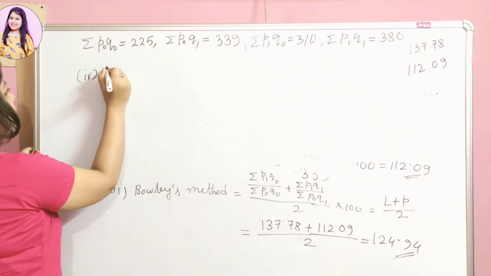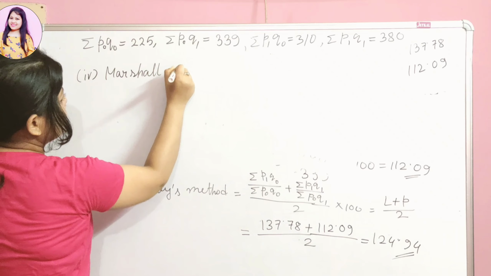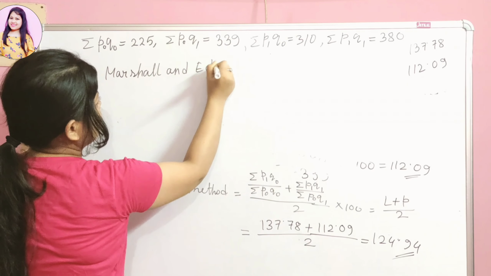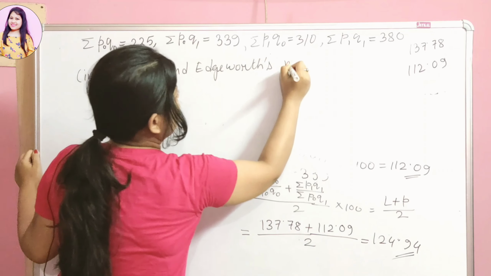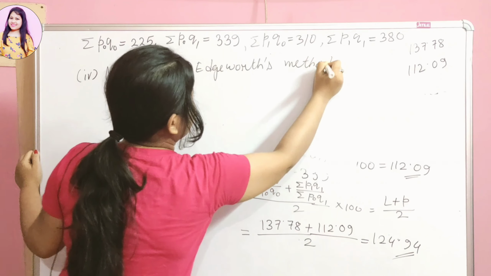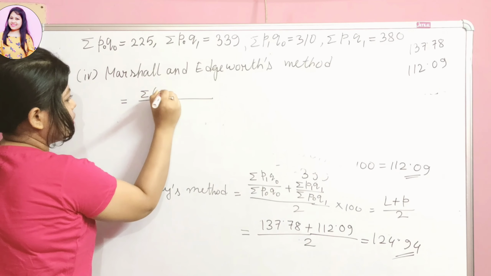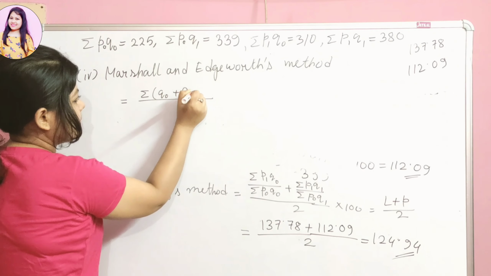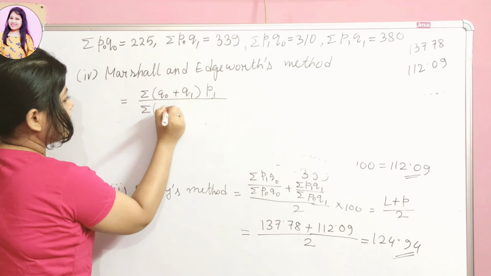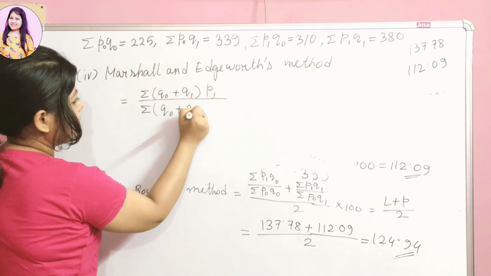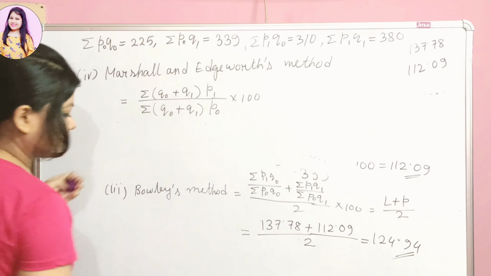Then we are to find out Marshall and Edgeworth's method, and here the formula is summation of Q naught plus Q1 into P1 divided by summation of Q naught plus Q1 into P naught, into 100.